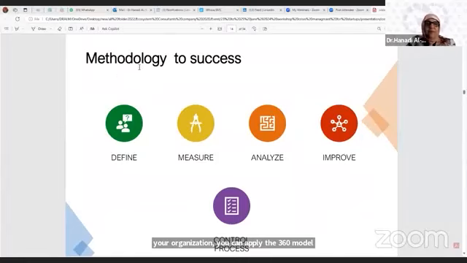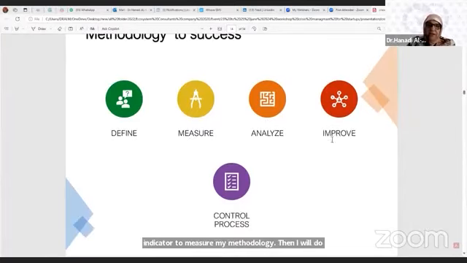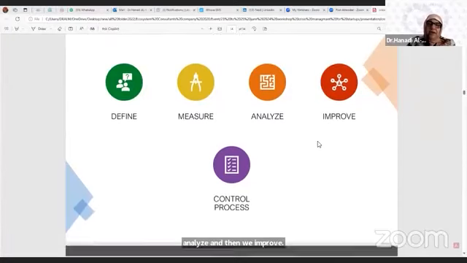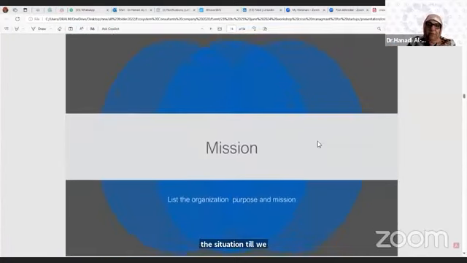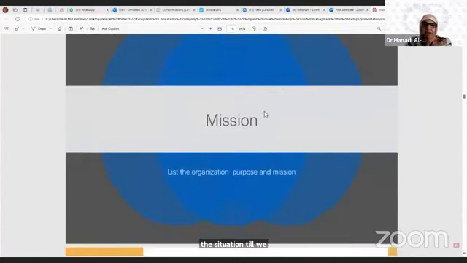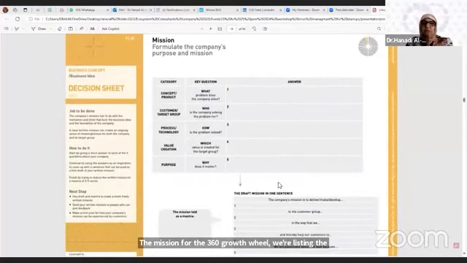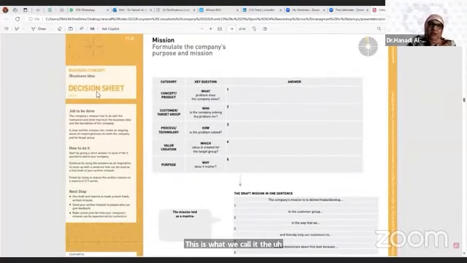When I start to build my methodology for success, first of all, I need to define my methodology, and I put indicators to measure it. Then I will analyze, and then we improve the situation until we reach the final destination. For the mission of the 360 Growth Wheel, we list the organization's purpose and mission. This is what we call a decision sheet.